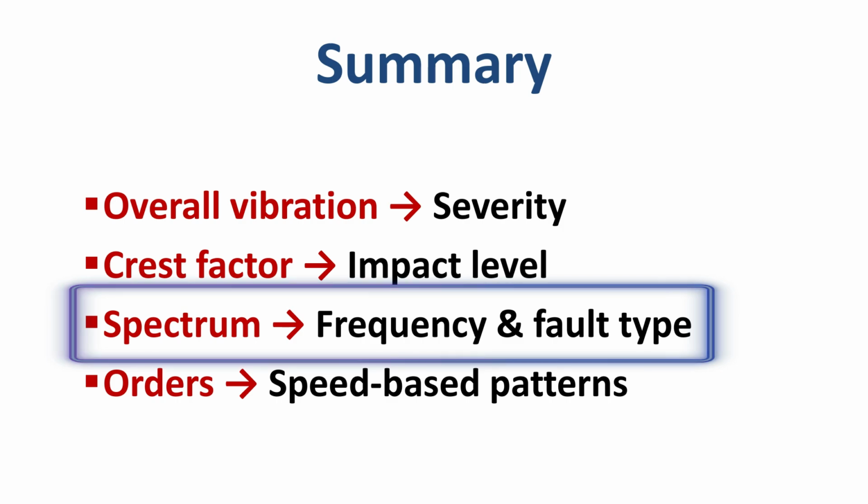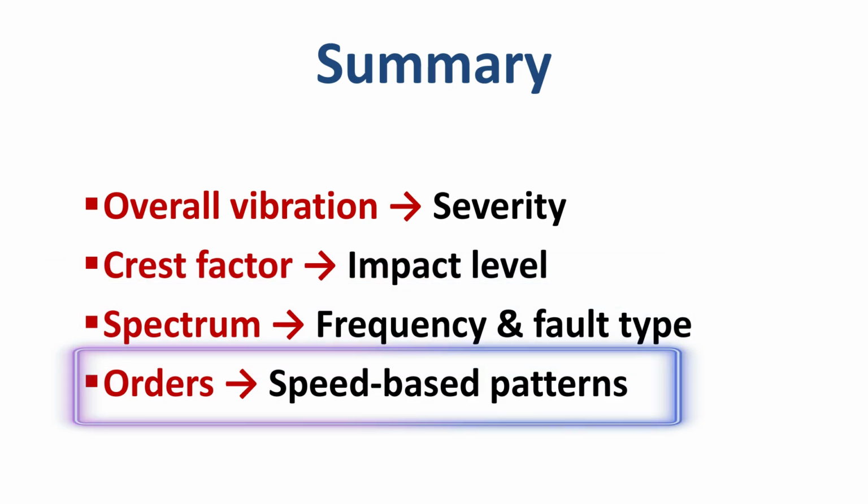The third topic we learned is the spectrum, that is how we can convert the time waveform into the spectrum by using the FFT process, and it helps us to identify which frequency is causing the issue, or which frequency has the dominant role in overall vibration.